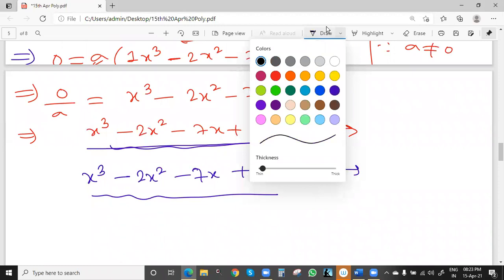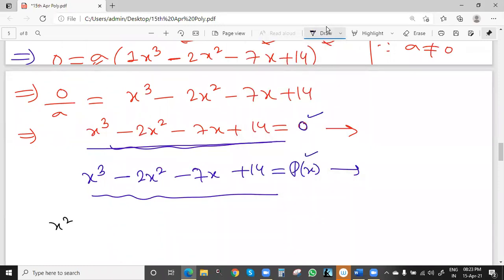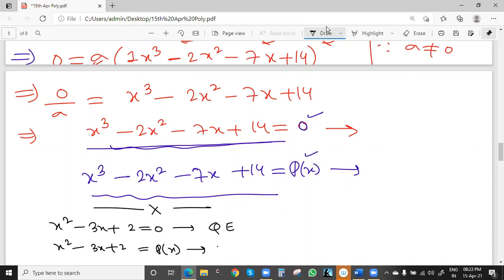Suppose we have x square minus 3x plus 2 equal to 0, and then x square minus 3x plus 2 equal to px. This is a separate case. I have told many times that this will be a quadratic equation, QE, and this will be a quadratic polynomial. When we replace px with the 0 value, then we get a quadratic equation, if the degree is 2, or we can say the maximum power of x is 2.